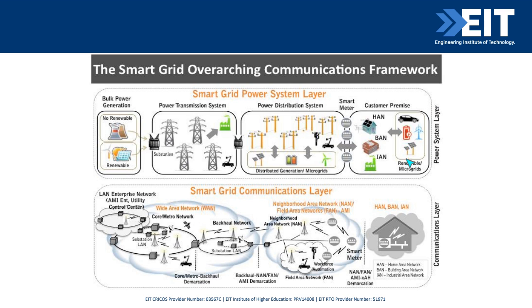This is the layer that traditional power engineers do not know much about. That is the smart grid comms layer. This is where you have the local area network, you've got the wide area network, you've got a neighborhood area network, and you have the same thing, the HAN, the BAN, and the EAN on the customer premises. So this is the new layer, which is as difficult and as big as the smart grid.